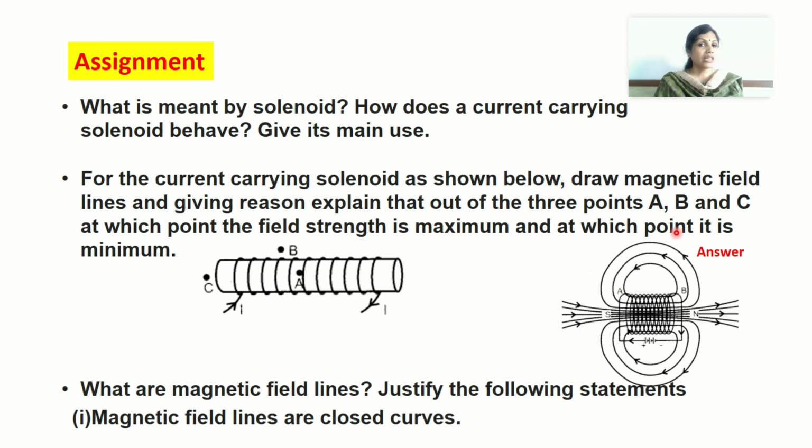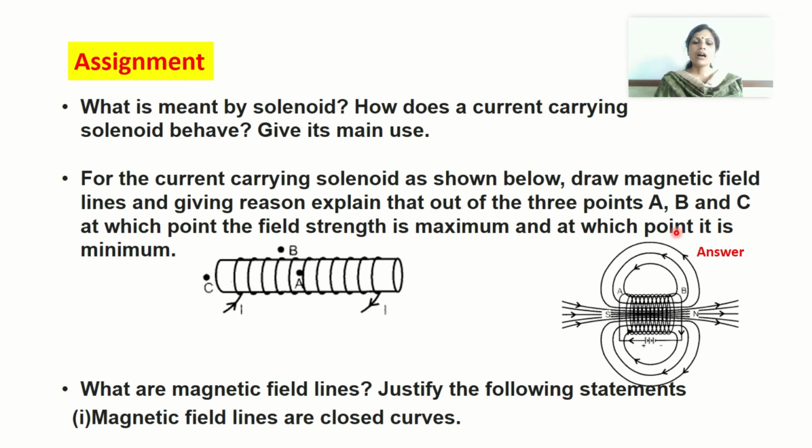Because you have to see the arrows. According to the arrows, you can make out which terminal is positive and which is negative. Based on that, you can find out which is the north pole and which is the south pole. Once you get the north pole, the magnetic field lines emerge from the north pole. Accordingly, you can give the arrows. So I have given the hint, and accordingly you check and see that.